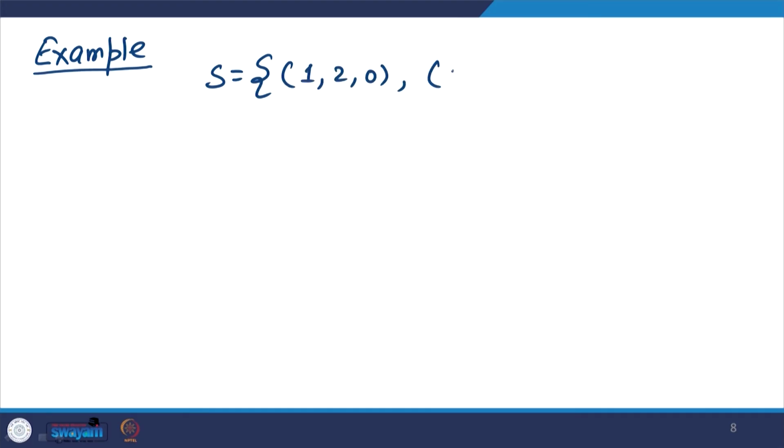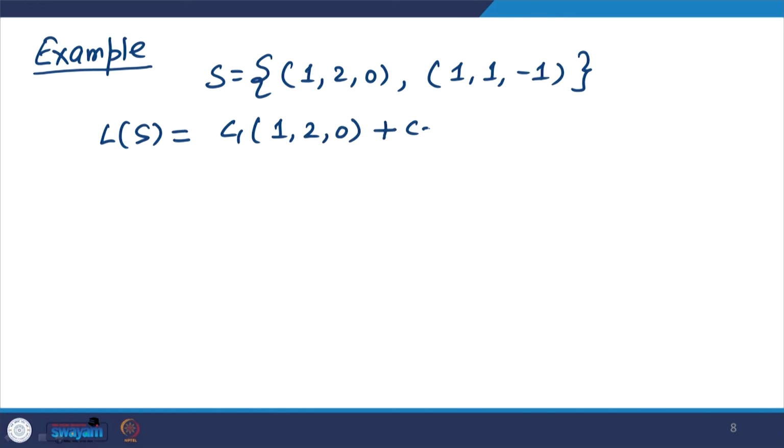If I take any arbitrary example in R 3, let us say I am having a set (1, 2, 0), (1, 1, minus 1). Then the linear span of S is C 1 times (1, 2, 0) plus C 2 times (1, 1, minus 1).